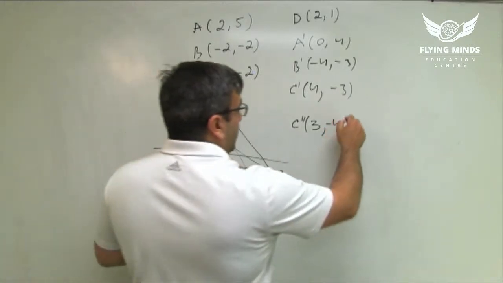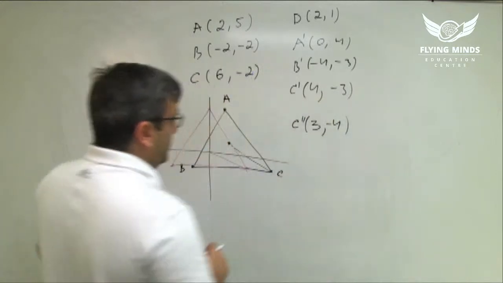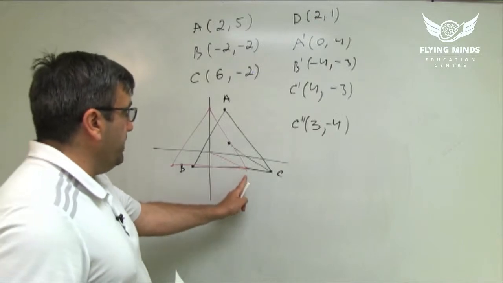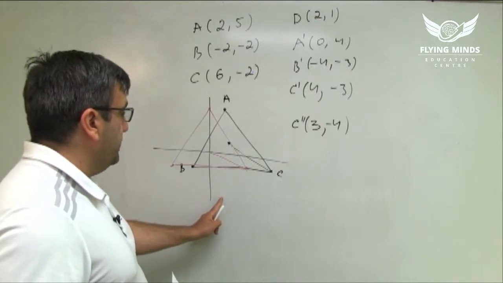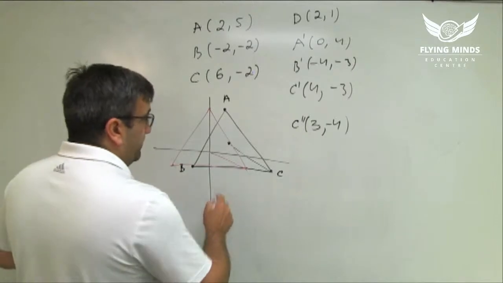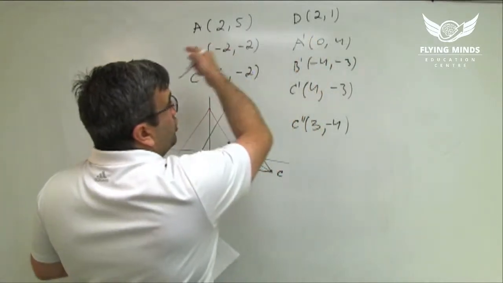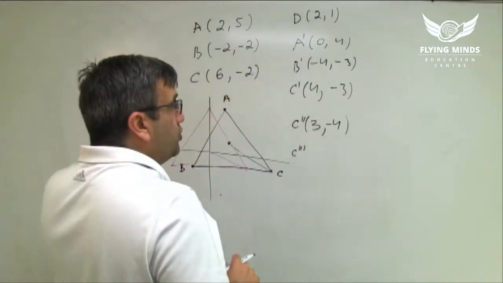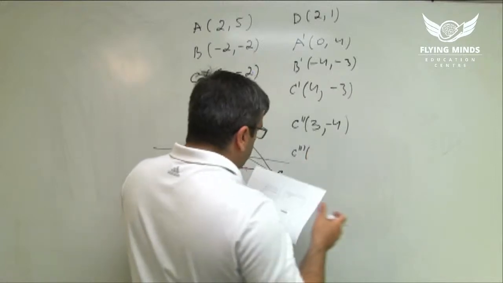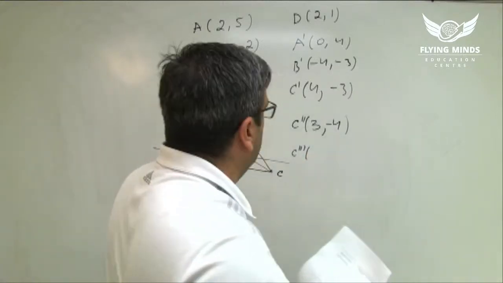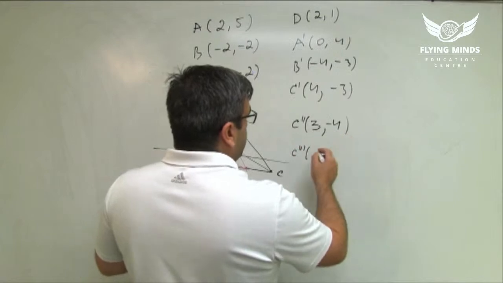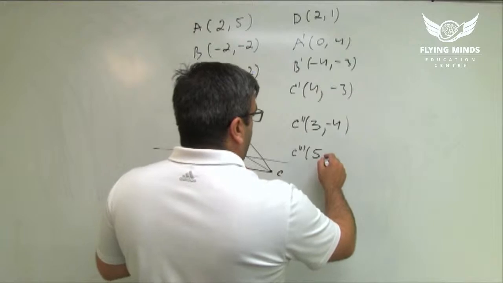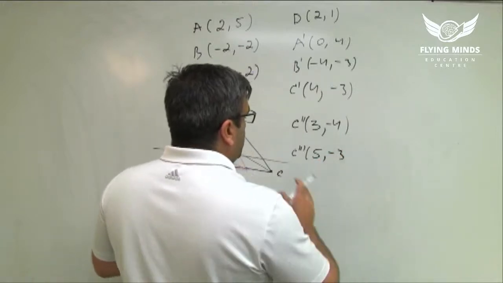Switch coordinates, and this becomes with negative sign, right? So it's 4, -3. Now it will be 3, -4. So it will be here, right? And because we moved it 2 left and 1 down, now we need to move 2 right and 1 up.